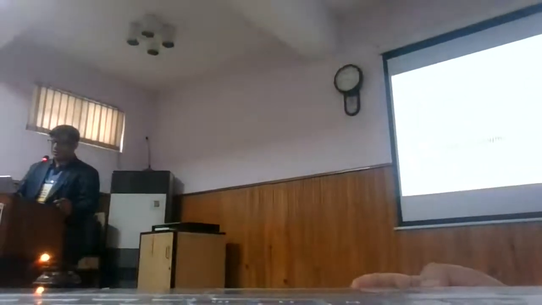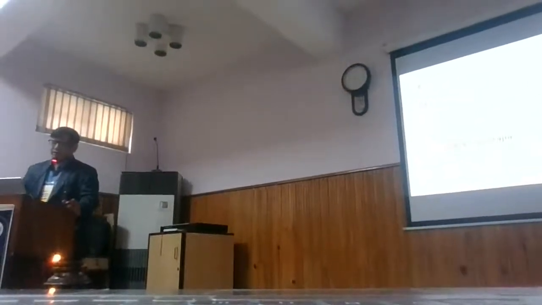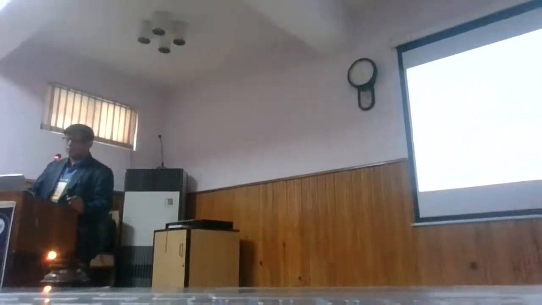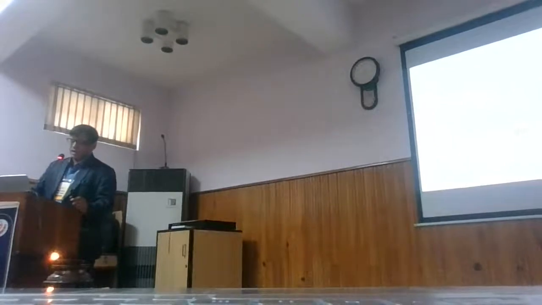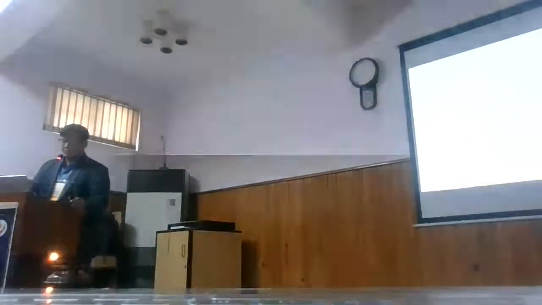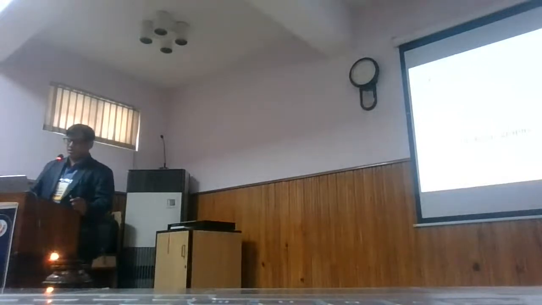But the subclinical cases of keratoconus cannot be diagnosed in the absence of corneal topography. So it is a very important tool, and in the previous presentation, Dr. Kishore has broadly explained various aspects of keratoconus.